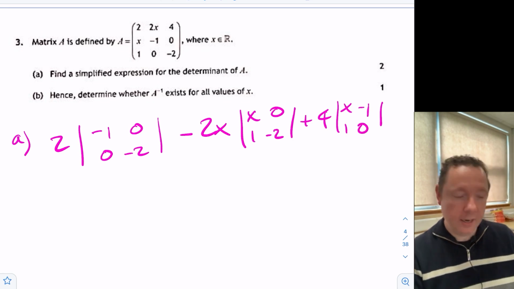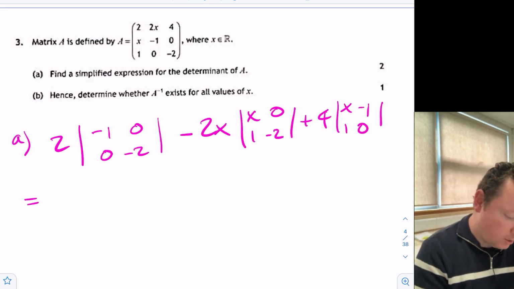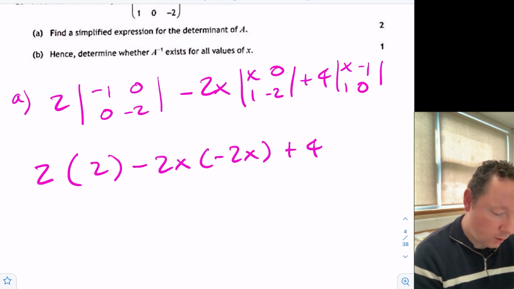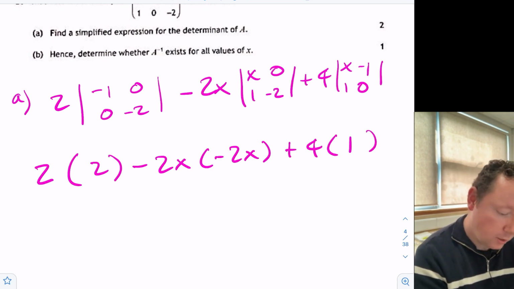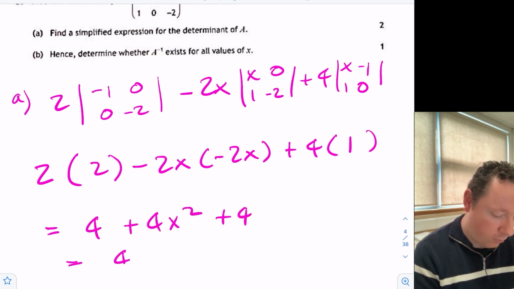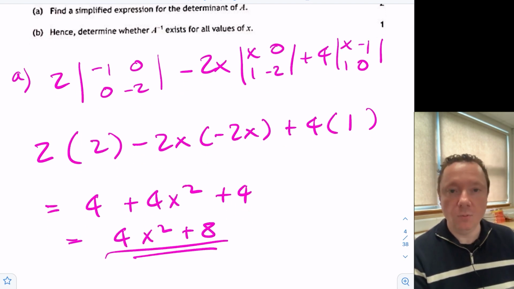So then we can go ahead and solve that. That gives us 2 times 2, minus 2x times minus 2x, plus 4 times, and be careful now, it's just 1 because it's 0 minus minus 1. So that gives us 4 plus 4x squared plus 4, or a nicer way, 4x squared plus 8. And we're done there. Let's move on to part B.